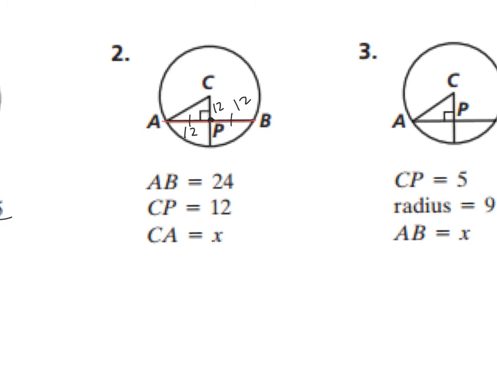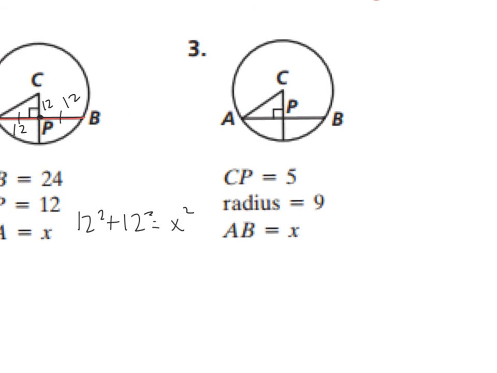I'm thinking P's right here. So to find CA, you would do 12 squared plus 12 squared equals x squared, and solve for x. So CA is what you're trying to find, and this segment P is right here. AB is all the way across. This has to be 12 too.